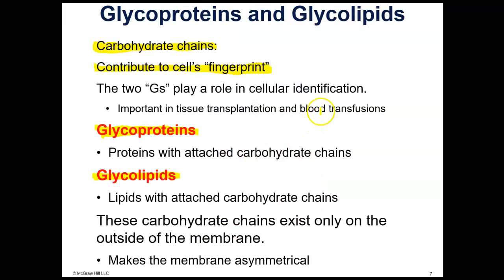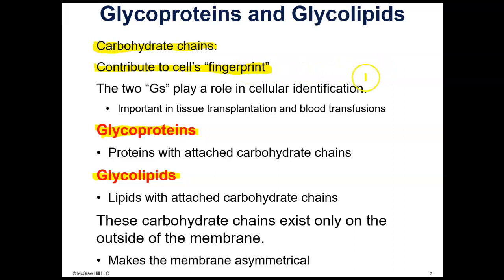Okay, so glycoproteins and glycolipids are found within the plasma membrane. This would be a protein with a carbohydrate chain attached. That's where glyco comes from. Or a lipid with a carbohydrate chain attached. These carbohydrate chains contribute to the cell's fingerprint.